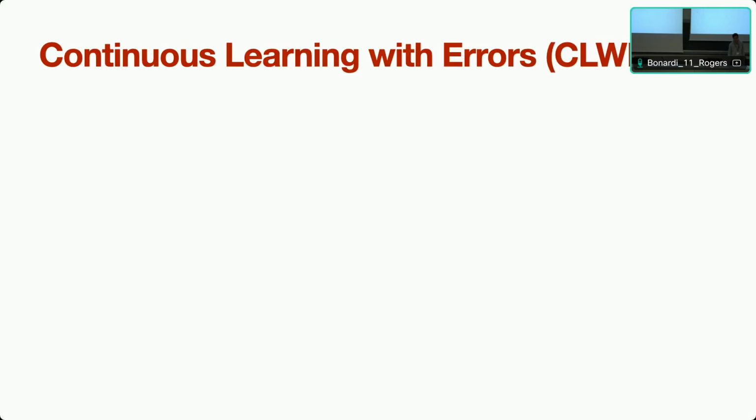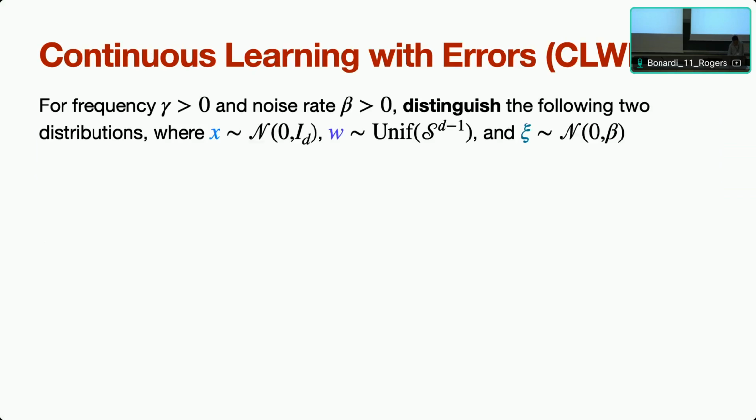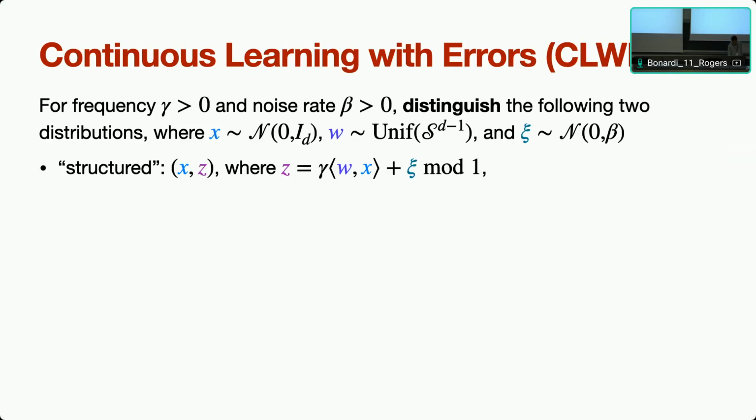And let me explain our assumption, continuous learning with errors, or CLWE. This is also the starting point of our reduction. CLWE is the following problem: you want to distinguish two distributions. The first one is a structured distribution, (x, z), and the second one is a null distribution, (x, y). The structured distribution and the null distribution have the same marginal on the covariate x, which is just standard Gaussian.